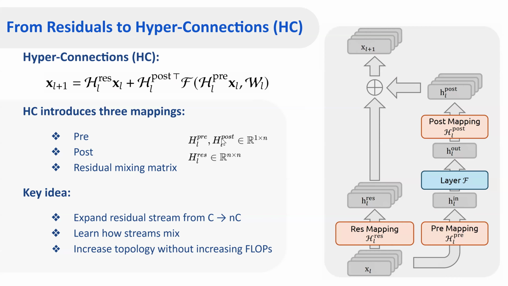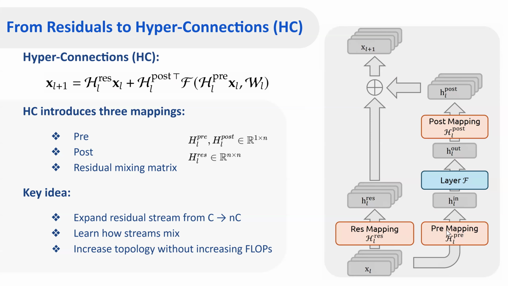Here you can see the dimensionalities for pre and post mappings and also res. It's really cool because the dimensionality of pre and post is 1 by n. Here we have n by C. Instead of one channel in the standard residual block, we have n channels.